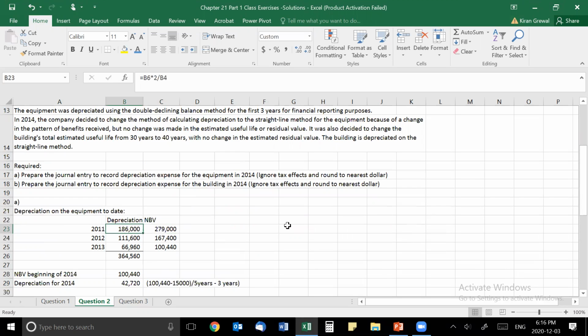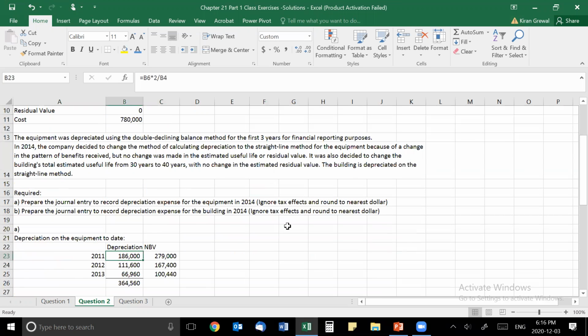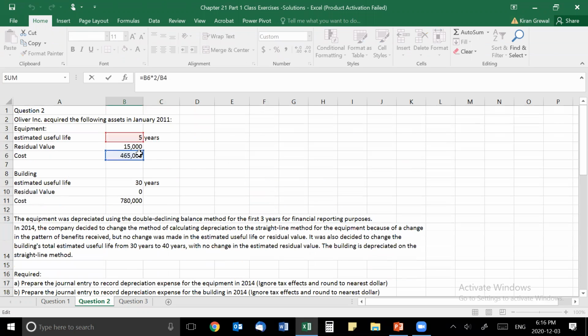If you're recalling how to do double declining method, if it's been a while, what you do is you basically take your net book value divided by the 5 years times 2.